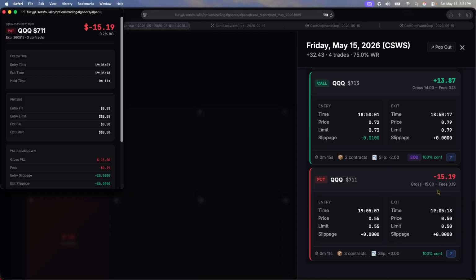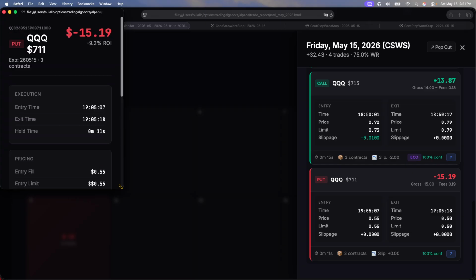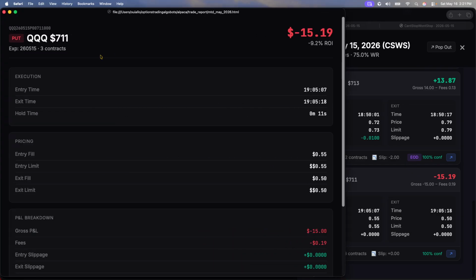There's one that didn't work out for us, and I want y'all to see the other half of it, right? Because I don't just want you to see the good. So this was when we were bearish on QQQ. We thought the market was going to go down at the 711 level. We bought 3 contracts at this point in time, right? So 300 shares we were leveraging, thinking that QQQ was going to be bearish, right?